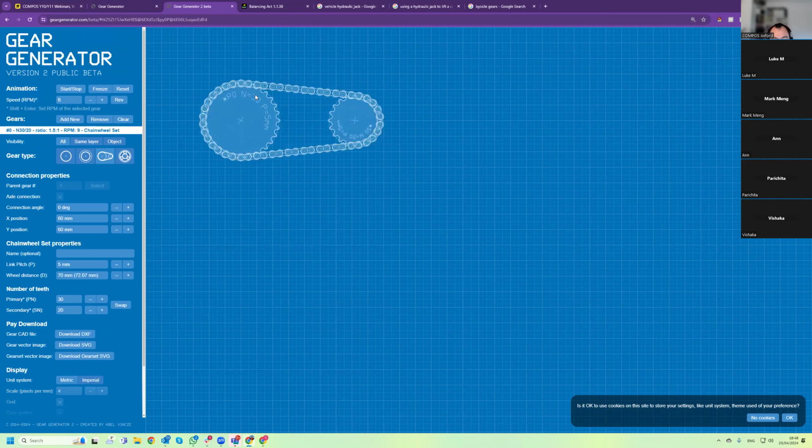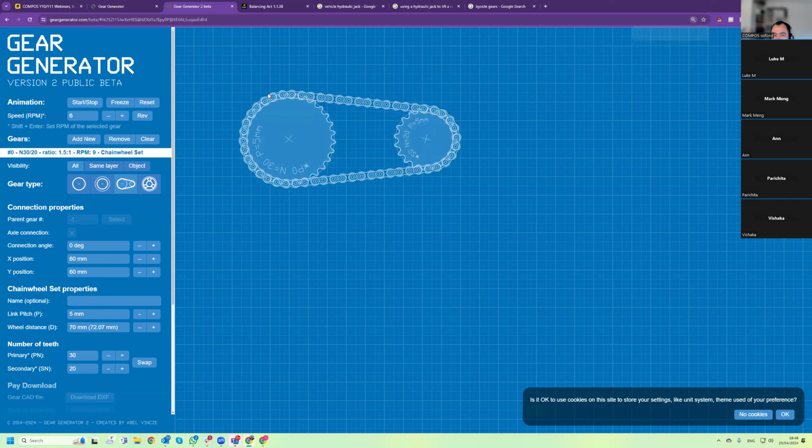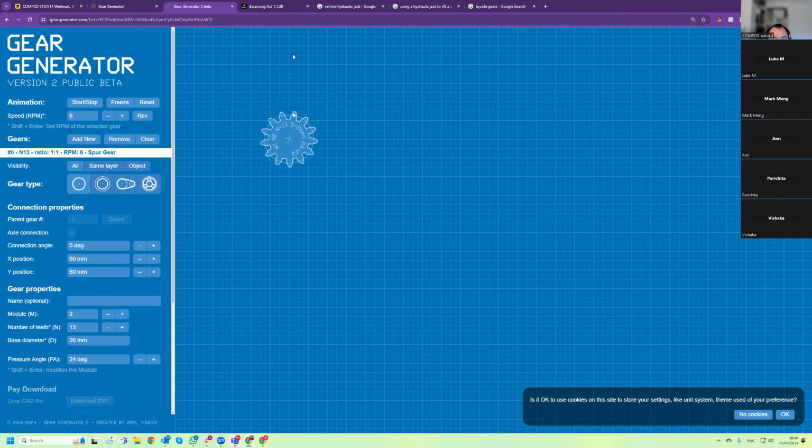So you have the driver and the driven gear. Hopefully it's kind of intuitive. So let's take a gear. This is a gear with 13 teeth. So let's decrease the number of teeth. Let's make it a 10 tooth gear.